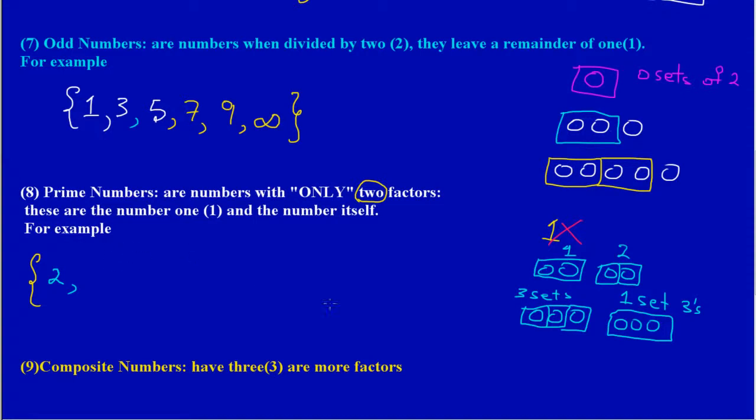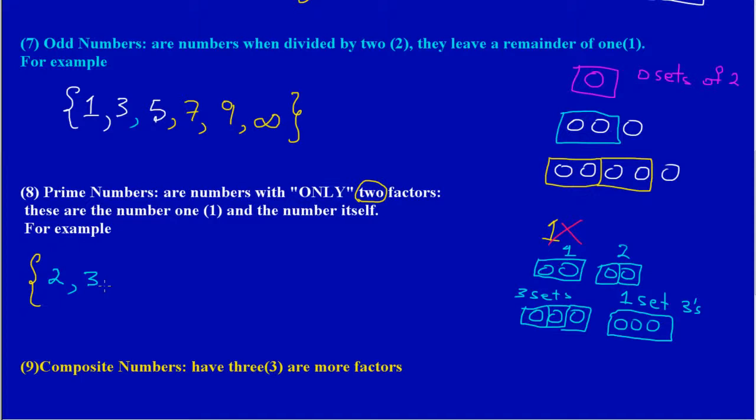So obviously only 2 numbers can divide into 3 without leaving a remainder, and that's the number 1 and the number 3 itself. So 3 is a prime number.